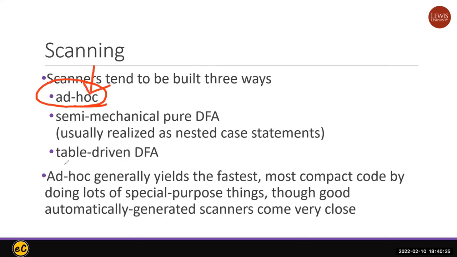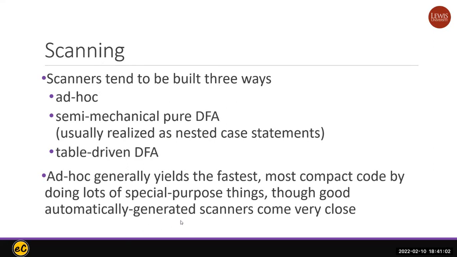And you can use table-driven deterministic finite automata to be a scanner. And you can also combine half of the ad hoc, half of the table to become a semi-mechanical DFA. So basically, there are several ways you can write the scanner. And ad hoc generally yields the faster, most compact code by doing a lot of special purpose things.